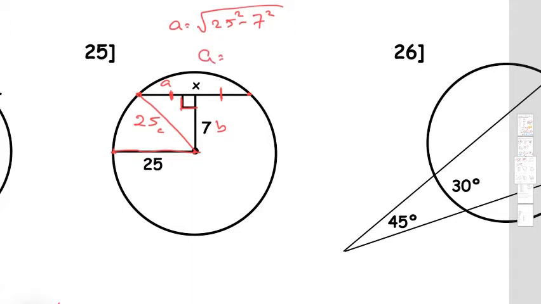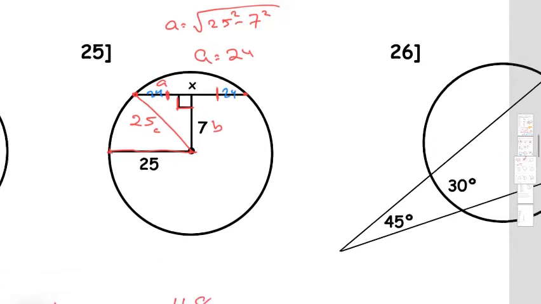Put it in the calculator, and I get A to be 24. And so if A is 24, I'll use a different color. So A is 24. That means this part over here is also 24, which means X is actually 48.